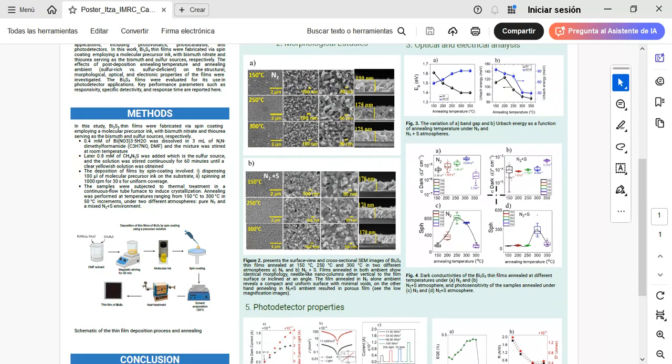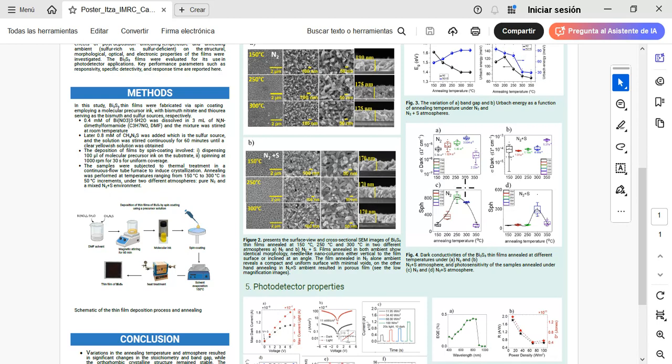The electrical analysis shows, in figures A and B, the dark conductivity of bismuth sulfide films annealed in the temperature range from 150 degrees Celsius to 300 degrees Celsius in nitrogen and nitrogen plus sulfur atmospheres.